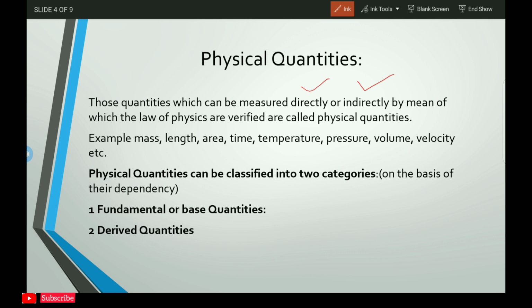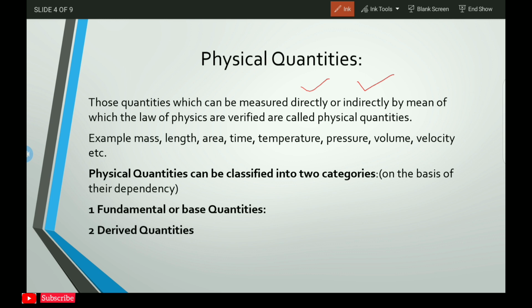What does this mean? Directly means that when we measure any physical quantity, there are some direct methods to measure it. If I had to measure the mass of any body, I can simply measure it using a weighing machine. If I had to measure the length of an object, I can measure it using a measuring tape.